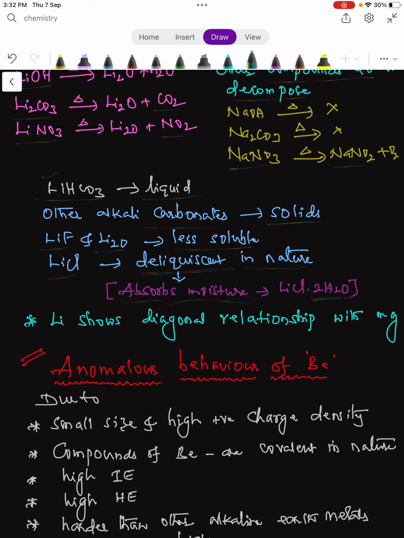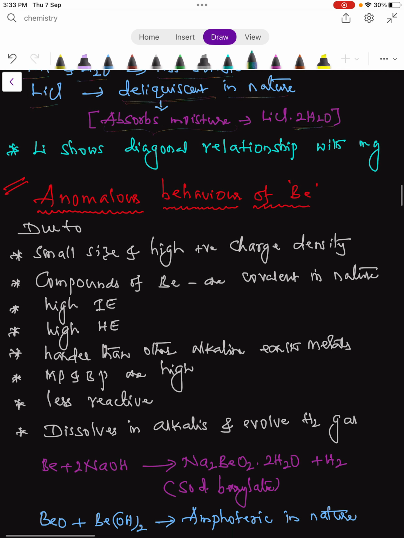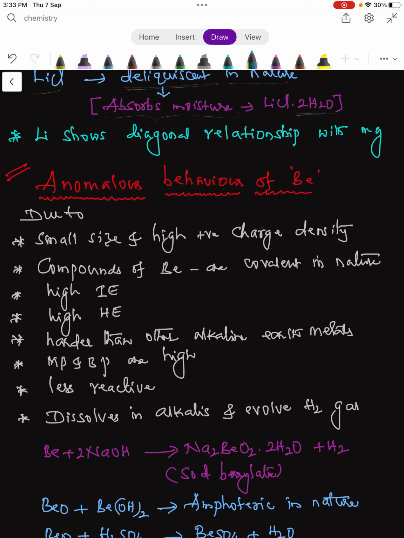Next, let us also discuss the anomalous behavior of beryllium. Beryllium belongs to the second group, that is, the alkaline earth metals. So why does beryllium show anomalous behavior? Same as before, due to small size and high positive charge density on beryllium, it shows anomalous behavior. And compounds of beryllium are generally covalent in nature. This is because of what?